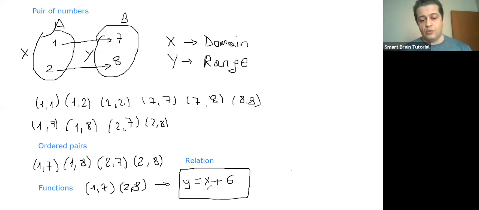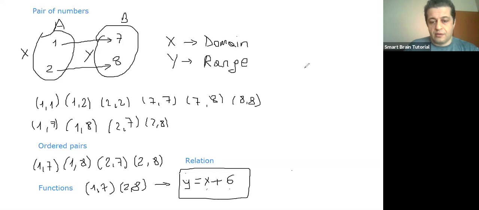So we give some values to x and we find the corresponding values of y. That's why we call the elements of the domain the independent variables, and the elements of the set y, or the second set, we call dependent variables.